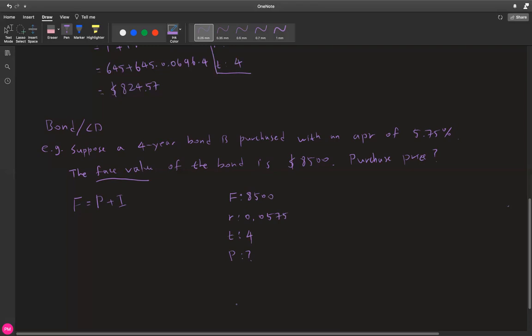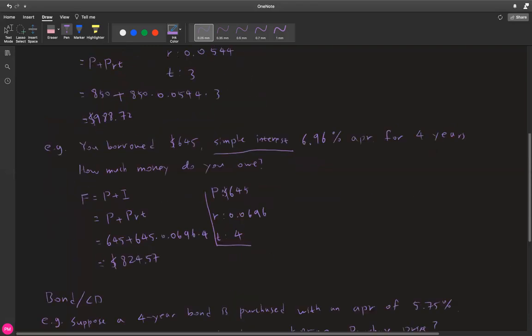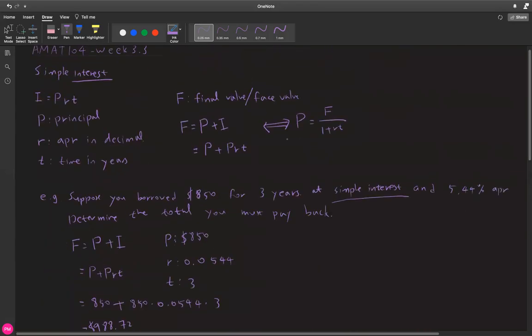So how do we do that? We know that the face value is equal to P plus I, but we have also established earlier that this is exactly the same as saying that the principal is equal to face value divided by 1 plus RT.